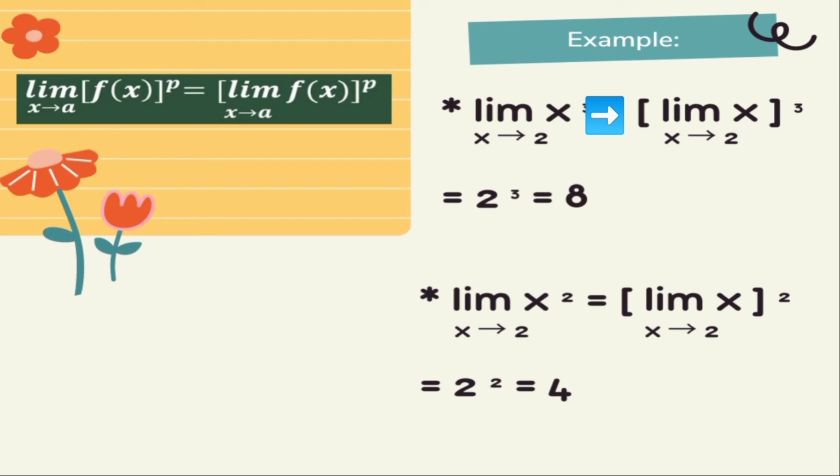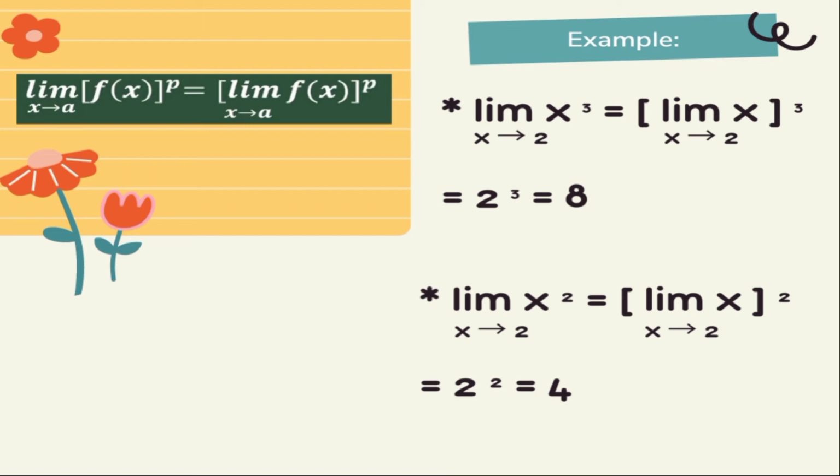So basically, we just put a quantity on the problem and then put the power on the outside of the quantity. Now we apply theorem number 2, so we get where x approaches, that is 2, and we copy the power, 3. So 2 times 2 times 2 is equal to 8.